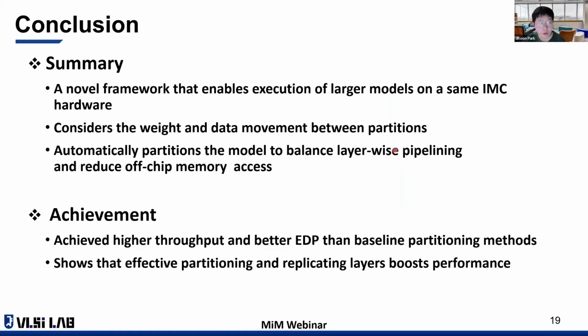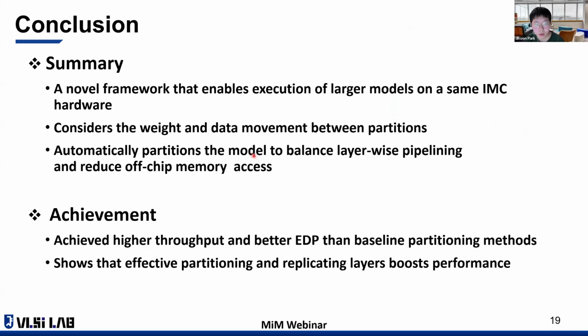So to conclude my work, we made a novel framework that enables the execution of larger models on the same IMC hardware. We consider the weight and data movement between the partitions by extending the ISAs and implementing the compiler that estimates the latency.